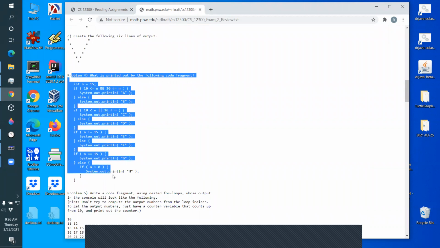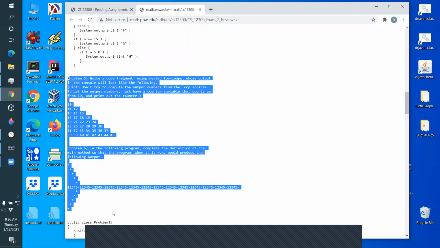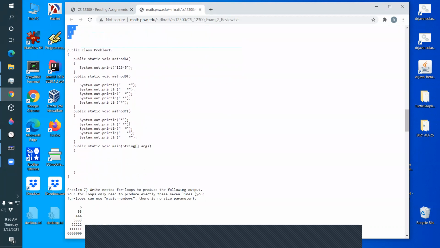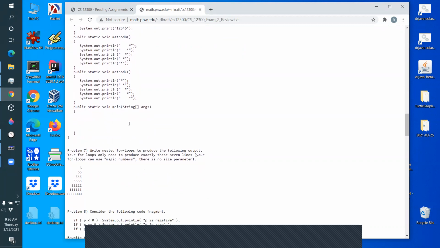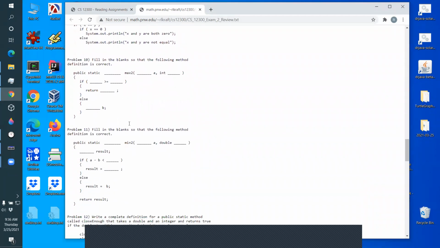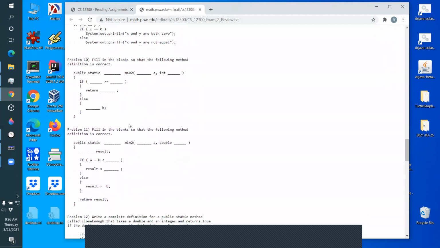That's an if statement problem, and this one's another one about loops, real similar to the other ones about loops. So there's a lot of repetition in these problems. It's really loops and if statements, and a little bit about methods. Definitely do the ones about methods though.